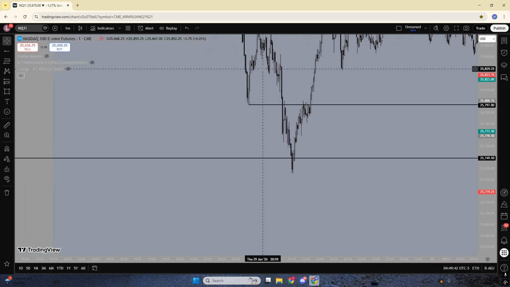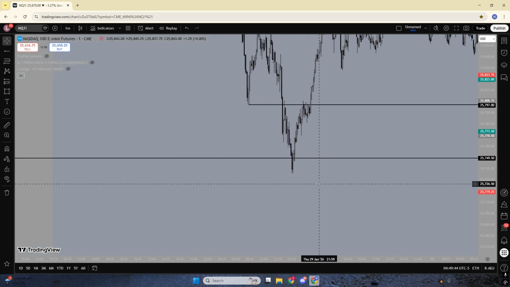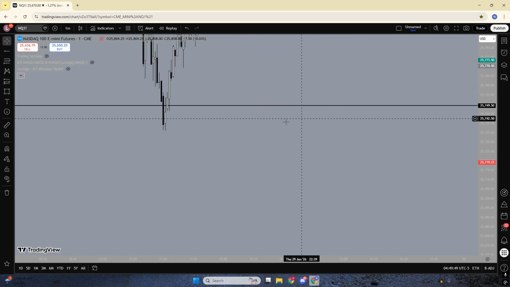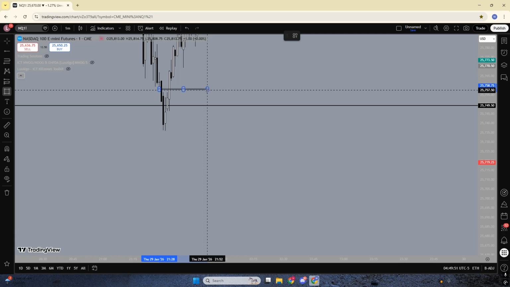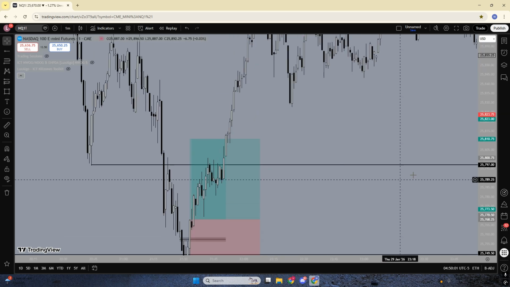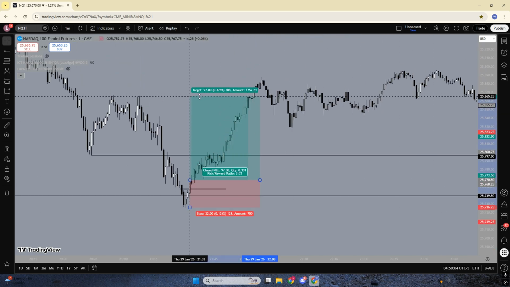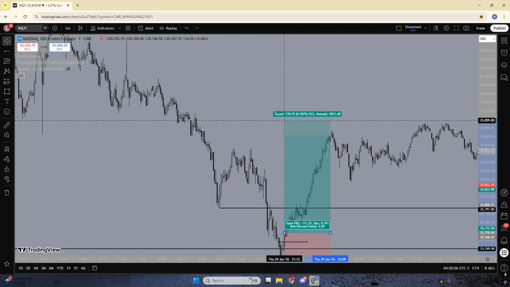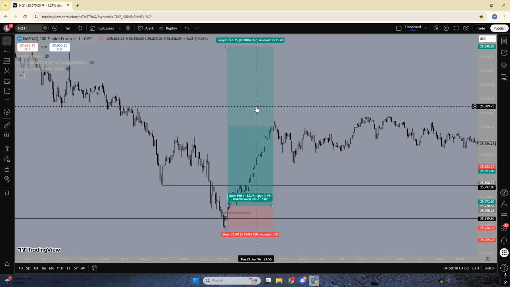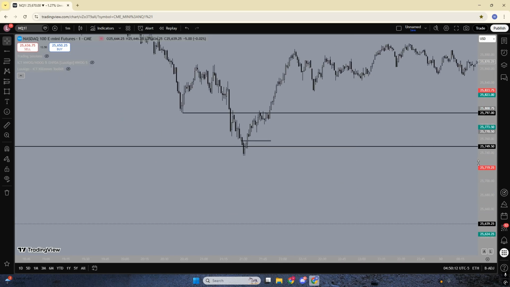So price goes down, takes all this liquidity, right? And then it creates a fair value gap right here. Boom. And then it gets inversed right here. And then you could enter off right there. Target previous points of liquidity. Like that, right.